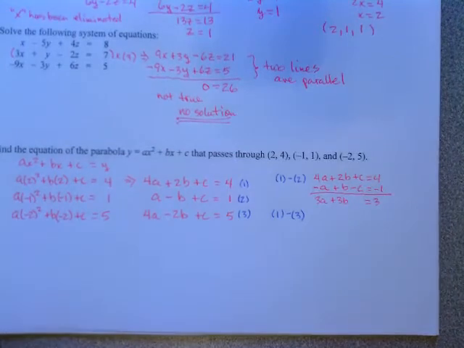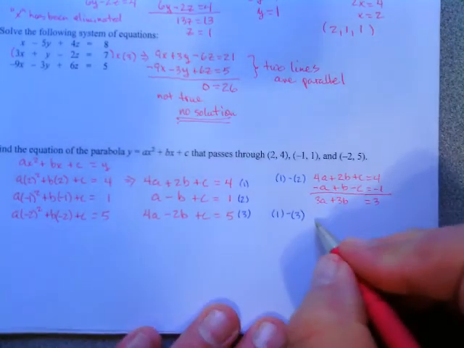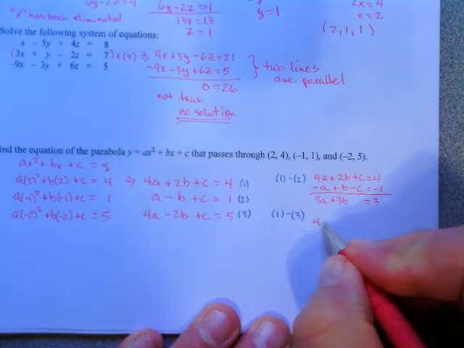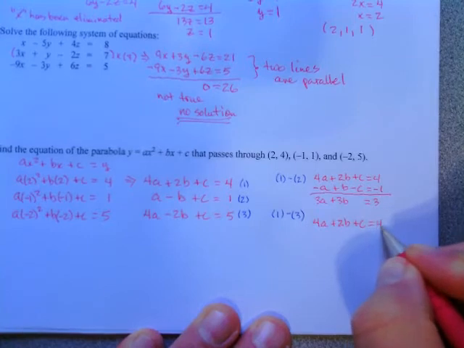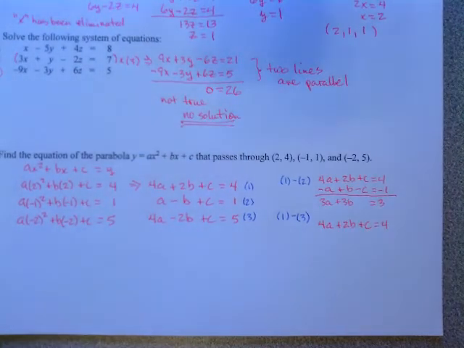And again, subtract can just be multiply by -1 and then add. So here I'm going to take, again, 4a plus 2b plus c equals 4. I'm not changing that equation at all.